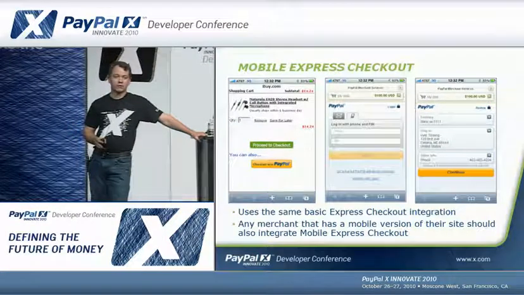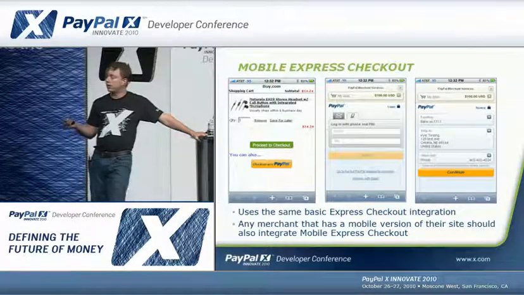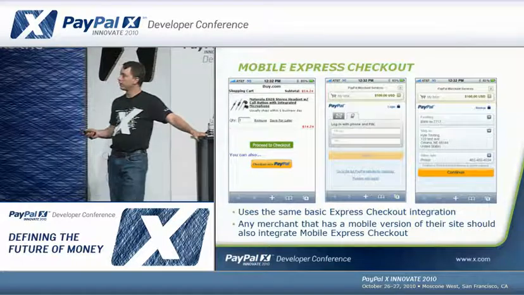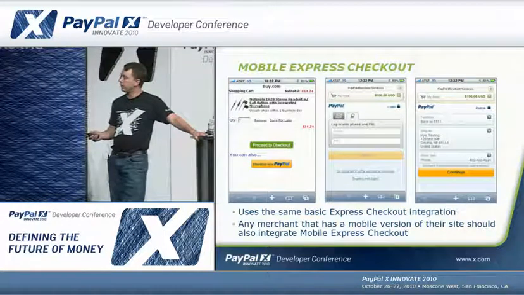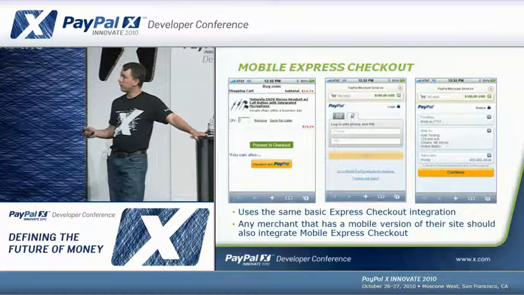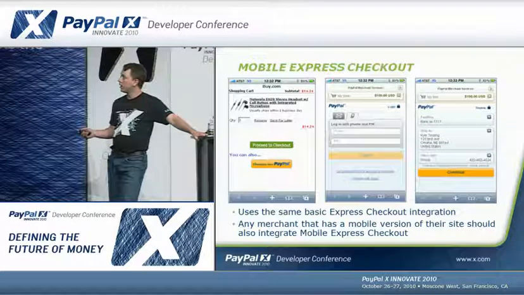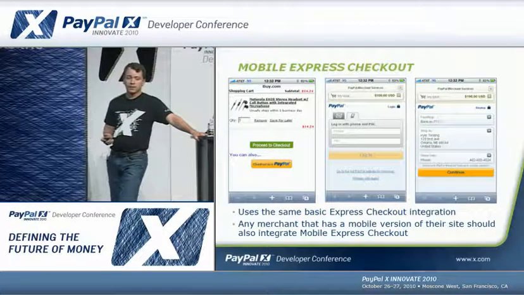So if you already have an Express Checkout integration, it's as easy as changing the redirect URL over to PayPal, and then these pages show up. This would be like the cart page if you were talking about a traditional website. After they redirect over to PayPal, they get this login page, which I'm sure you've seen several times today. And then the review page.